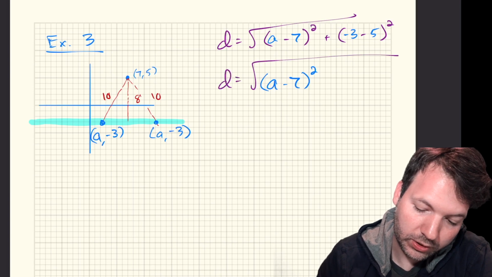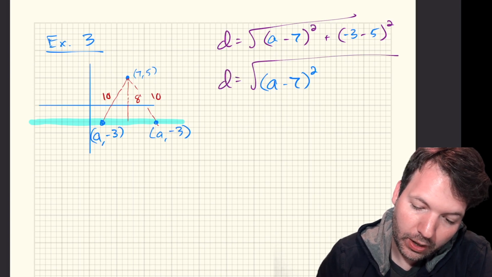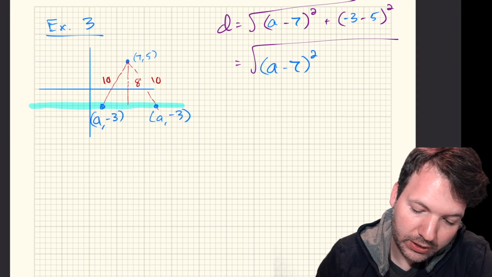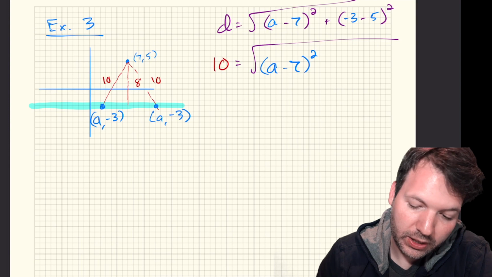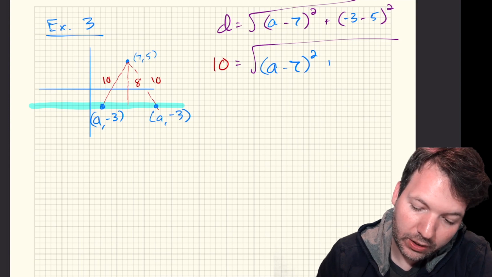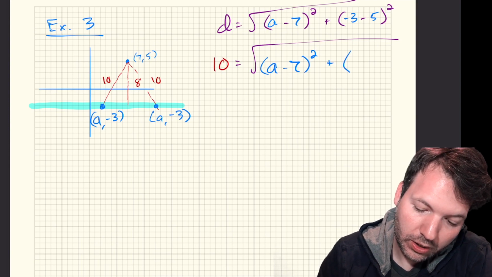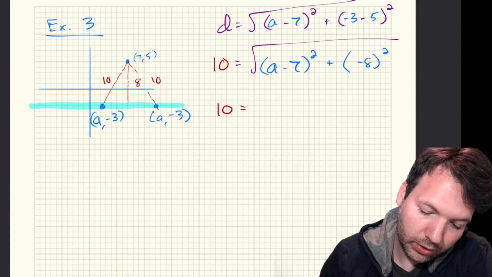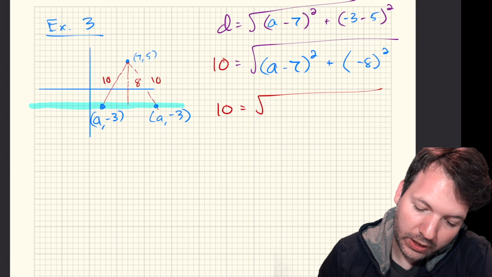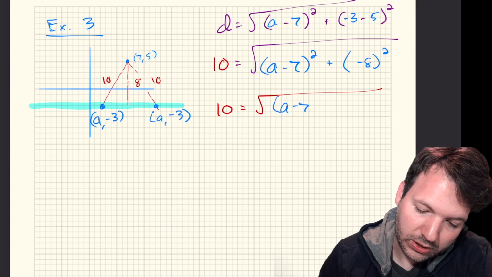And of course, we want to square that. But actually, d we can replace because we know what the distance is. We were told in this case that the distance is 10. And then the -3 minus 5 is -8 squared. And we know that to be 64.